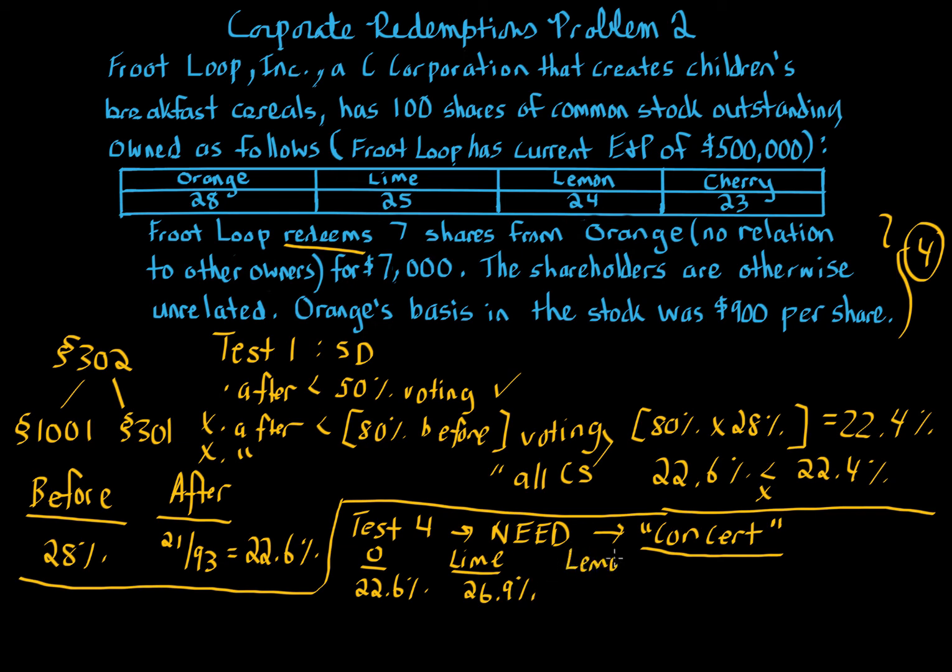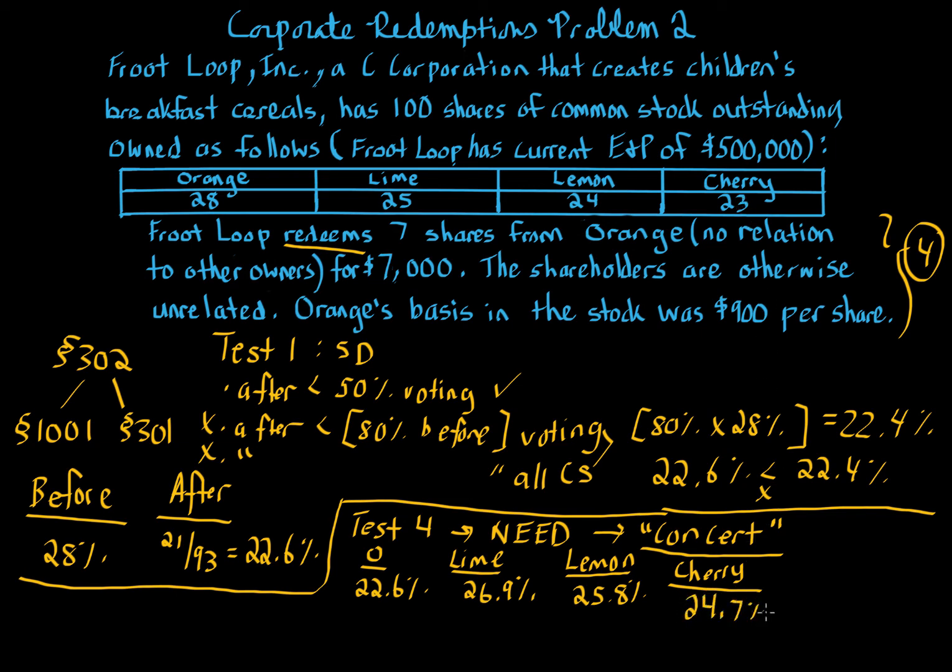Lemon is going to have 24 over 93 shares, because again, 7 were redeemed. So 24 divided by 93 is 25.8%. And finally, Cherry is going to have 23 over 93 shares, which equals 24.7%.